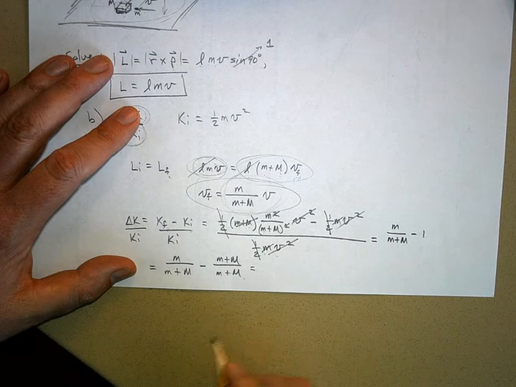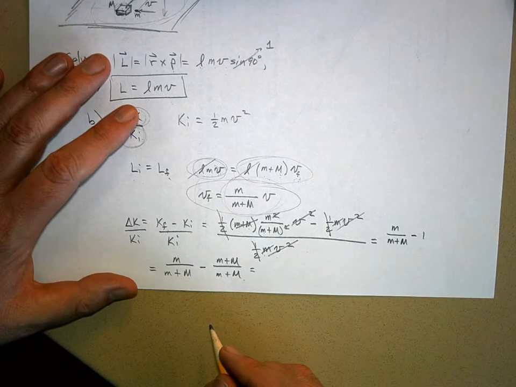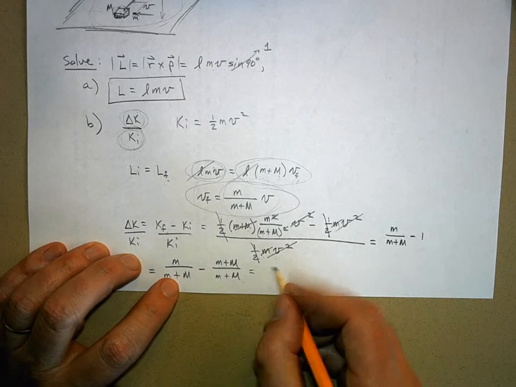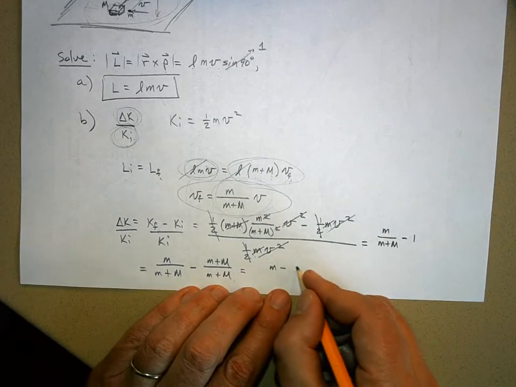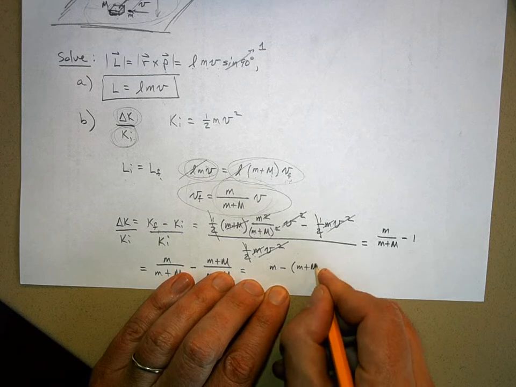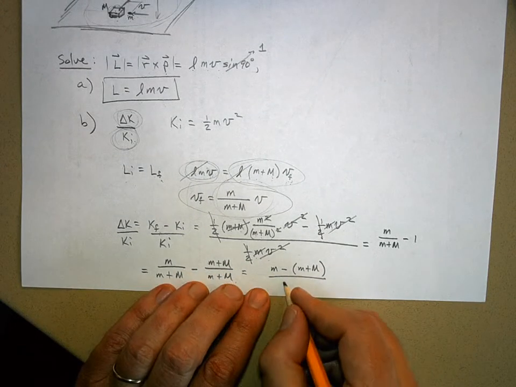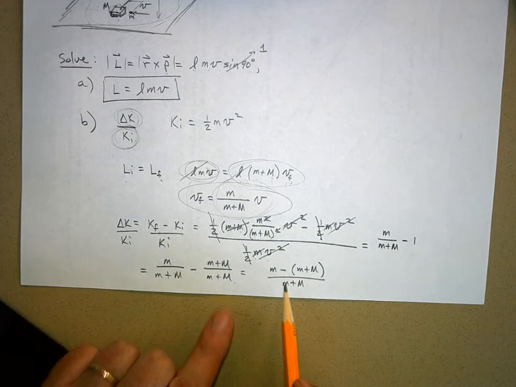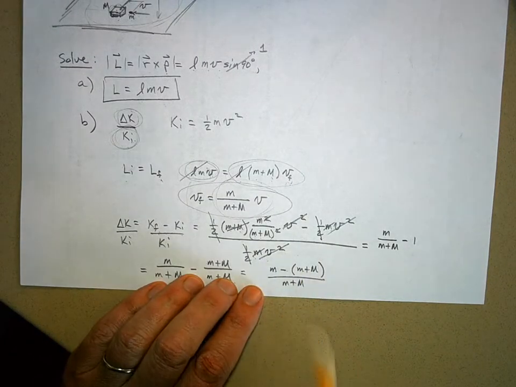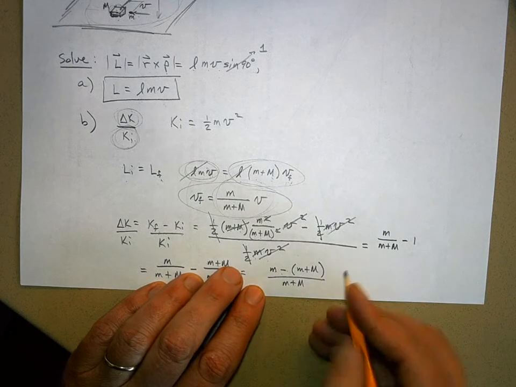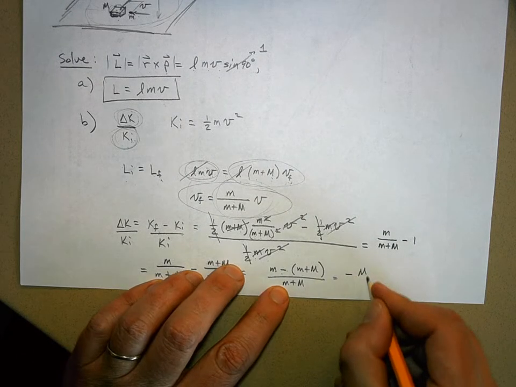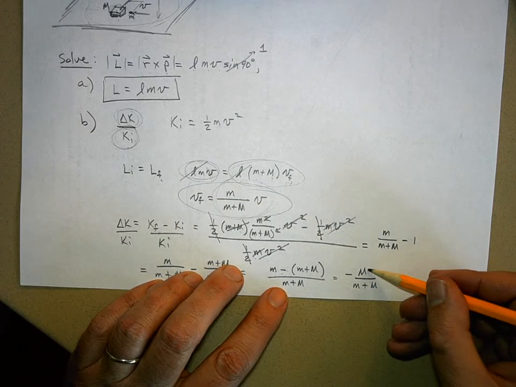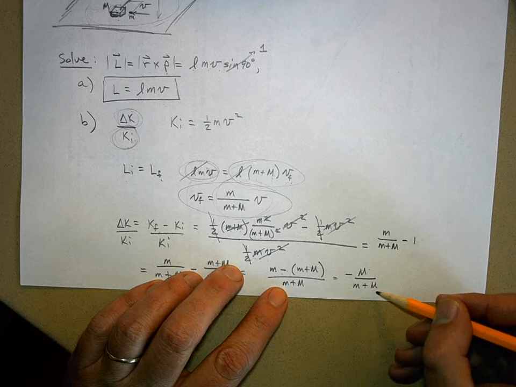So this is going to be m minus m plus big M, all over m plus big M. Right, got a common denominator now. Now m minus m is 0, and so this is going to be negative big M over m plus big M. Or this is the mass of the block divided by the mass of the block plus the mass of the bullet.